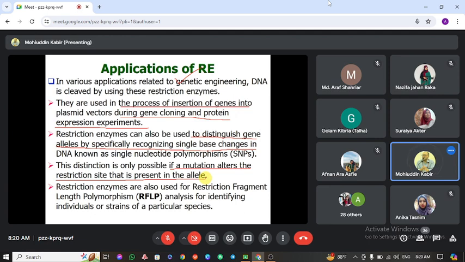If there is no mutation at the restriction site of the target allele, then we cannot use this restriction enzyme for detection of the SNP.